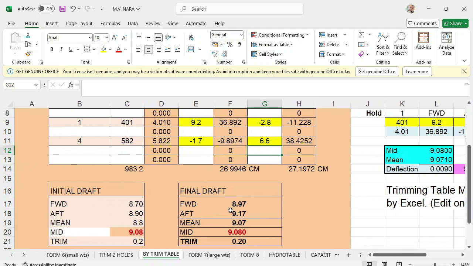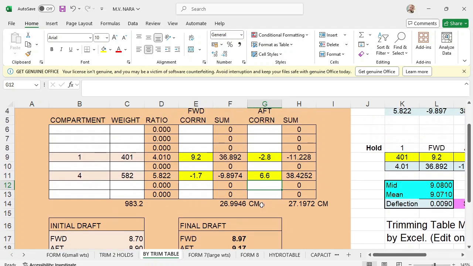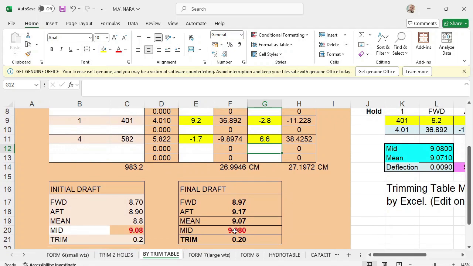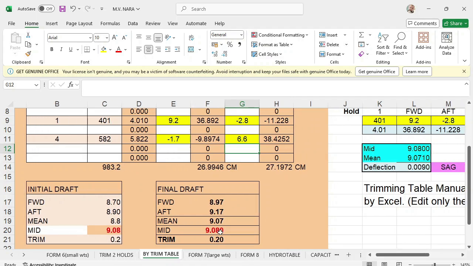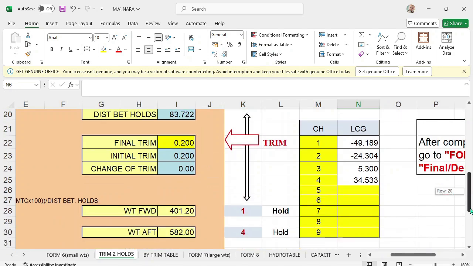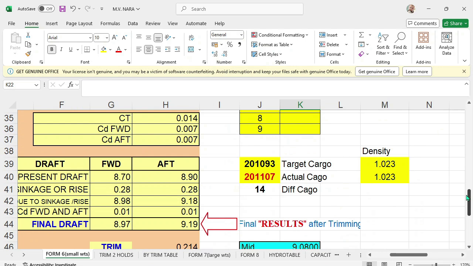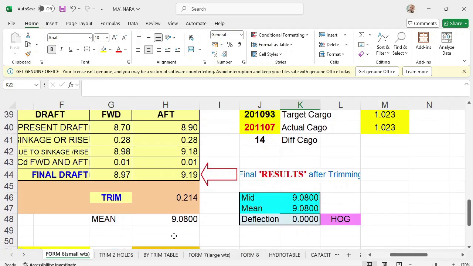It's a matter of adjusting your forward and aft correction so you can get your final drop. But the most important is your mid drop, which is 9.08. In this case you should be sagging almost 1 centimeter, but here your deflection is 0.